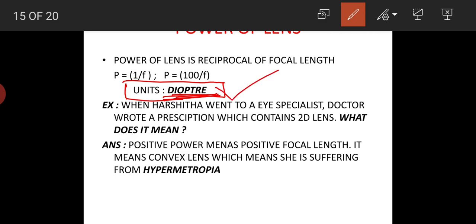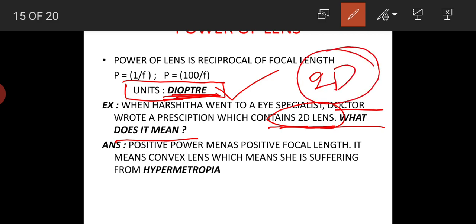Now let us see one example. When Harshita went to an eye specialist, the doctor wrote a prescription which contains a 2D lens. What does it mean? A 2D lens means the power of the lens is 2 diopter.